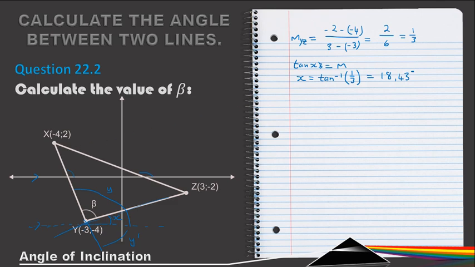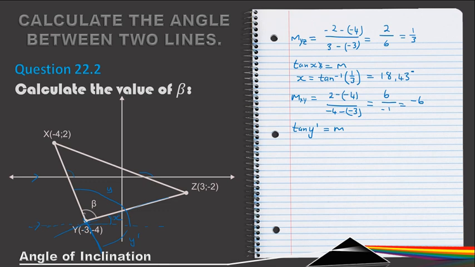Okay, now that's done. Now moving on to the gradient of XY. The gradient of XY is change of y, so that's 2 minus -4, over -4 minus -3. This becomes 6 over -1, so this is then -6. And then to find y, tan of y1 will be equal to the gradient. So look at this, this is the gradient of this straight line over here.